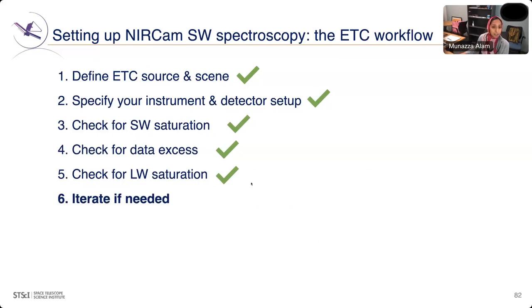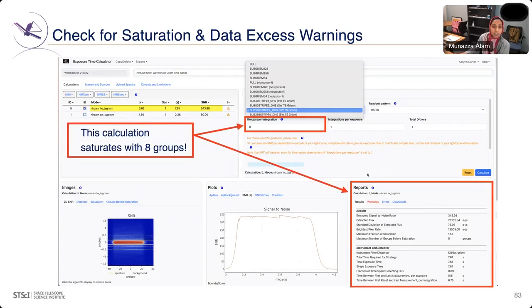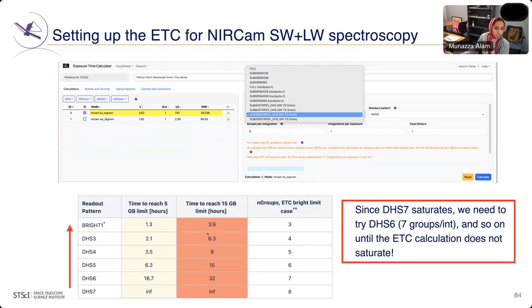Just as an example for how this iteration might go, here's an example of running through the ETC for the long wavelength calculation for another target. If we start off and select the long wavelength observation to have 8 groups per integration, we end up with saturation. But we can go up the rows in this table and keep trying.